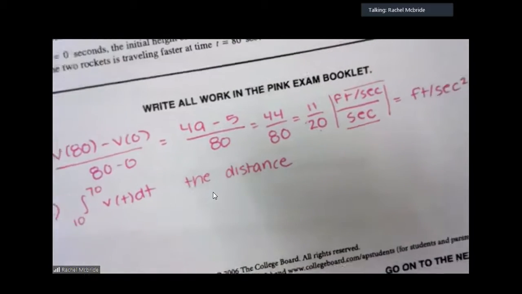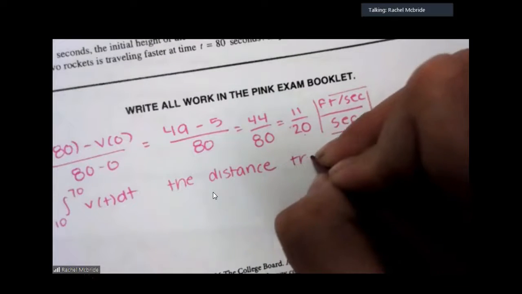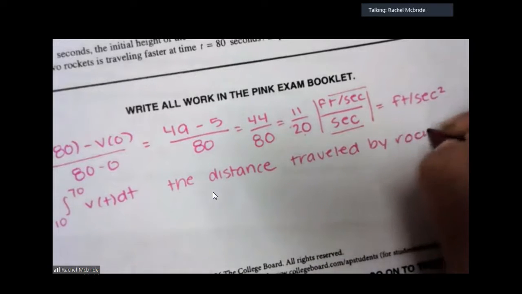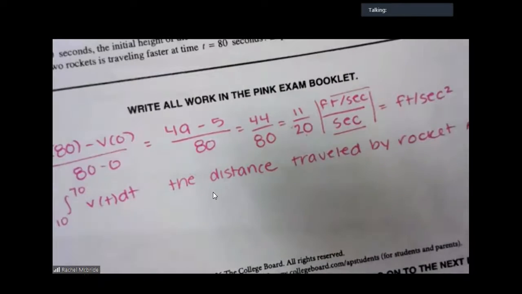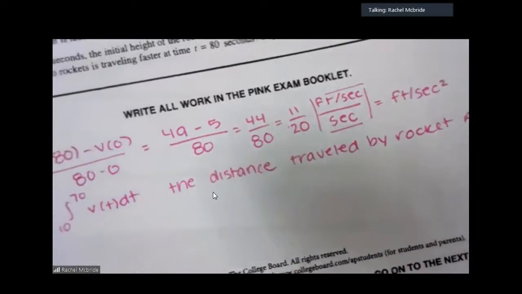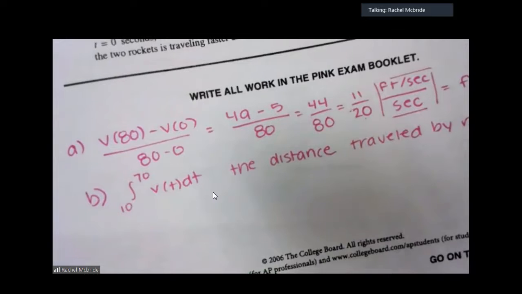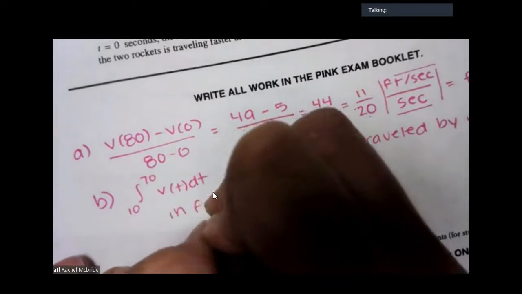So it's the distance traveled by rocket A. And then it asks for the units. If you integrate velocity, and velocity is feet per second, then this is in feet.